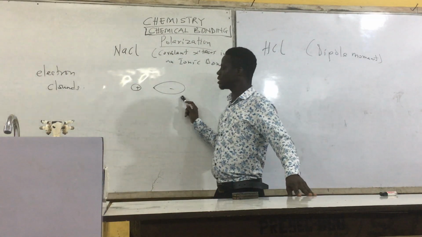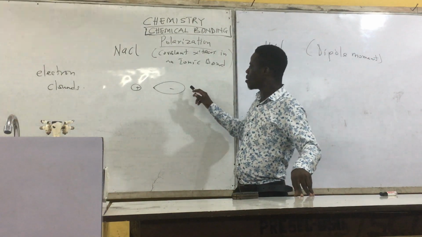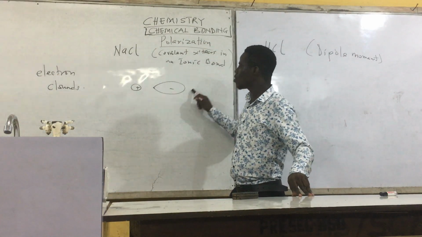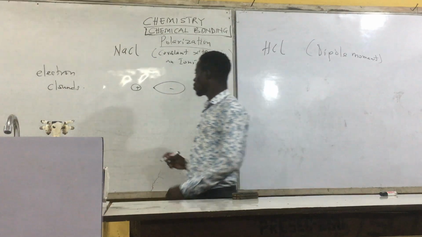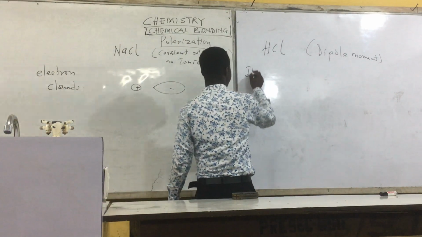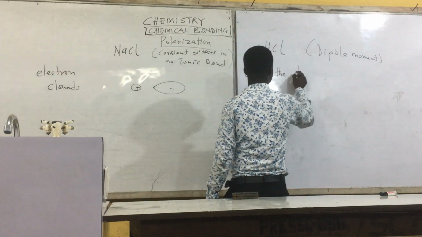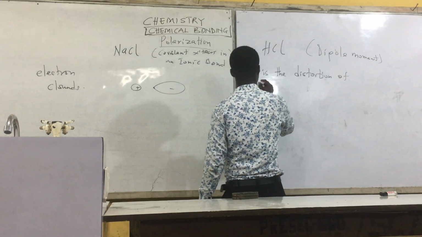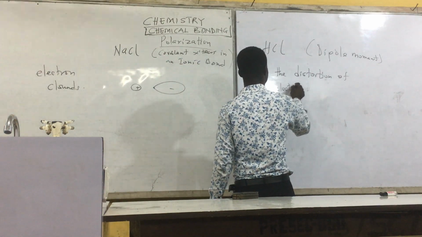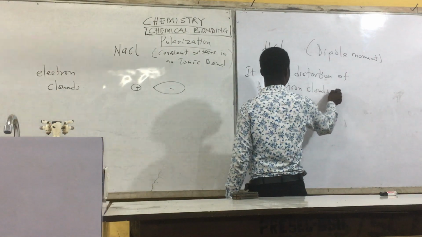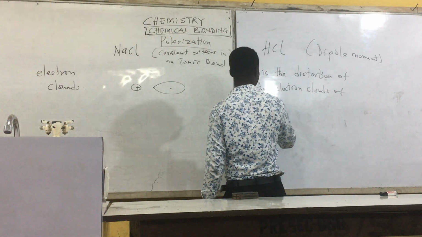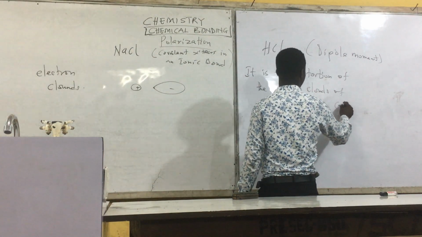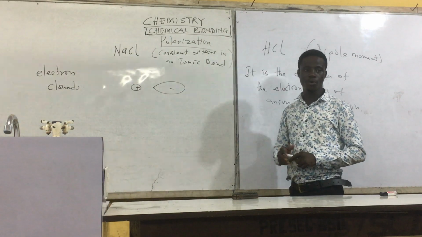Polarization can be defined as the distortion of the electron cloud of the anion by the cation.